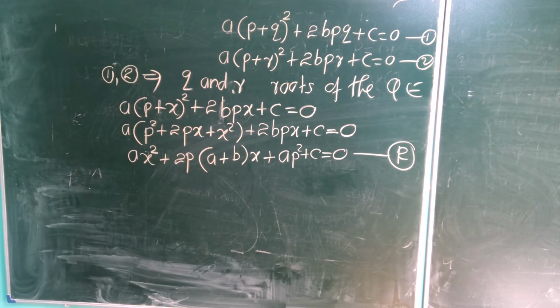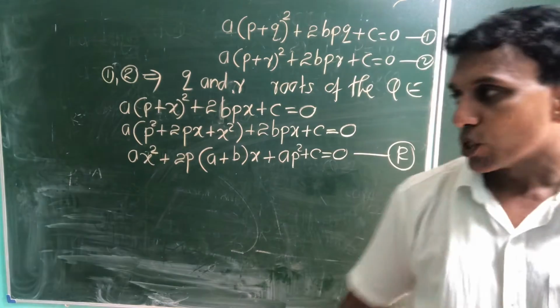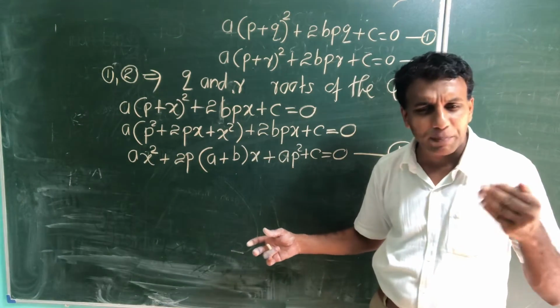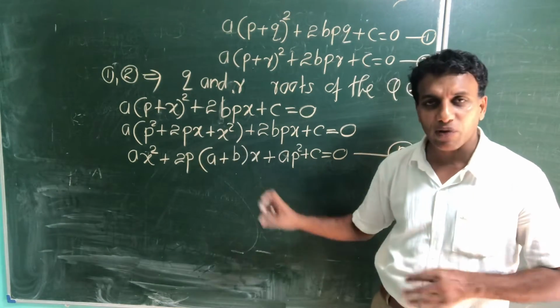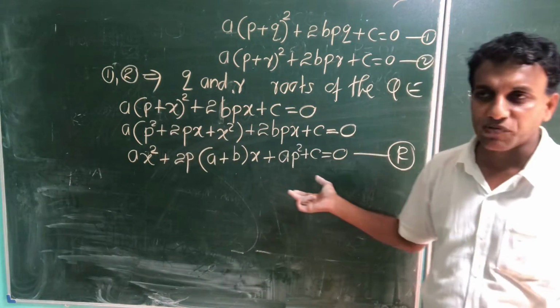So the given equation can be rearranged to that pattern, ax² + 2p(a + b)x + ap² + c. So for this equation, if alpha and beta are the roots, put x for alpha, that satisfies, x for beta, which satisfies.